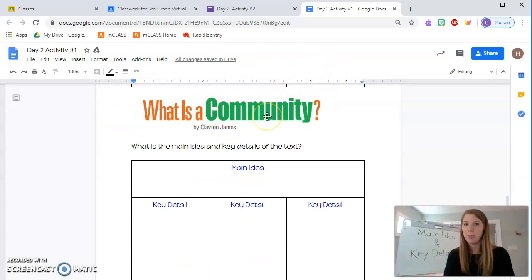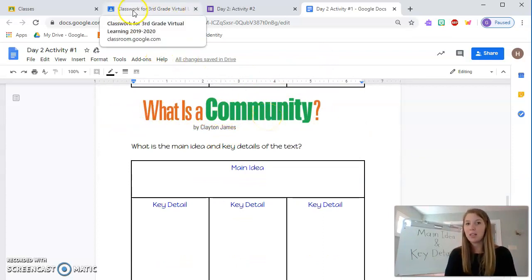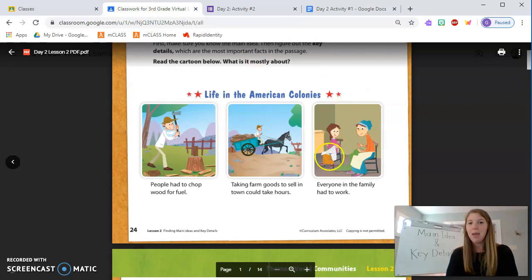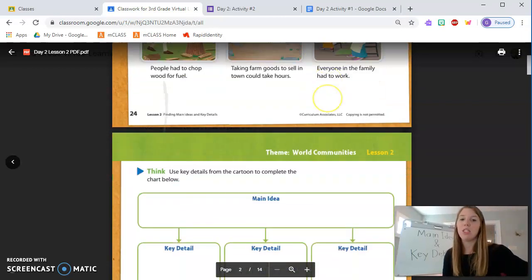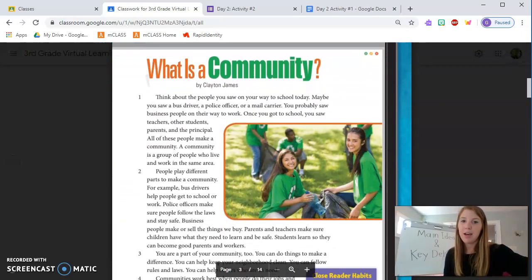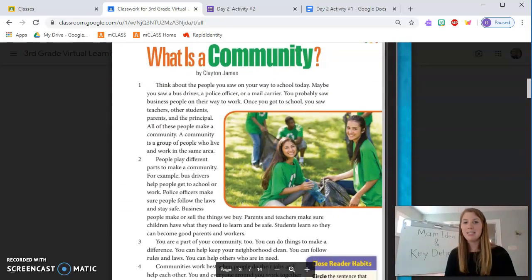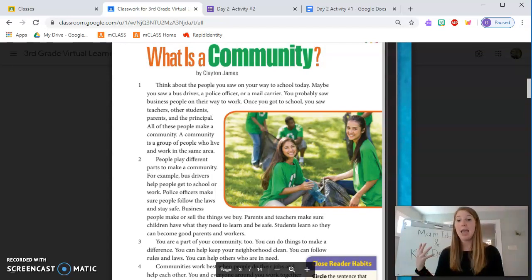What is a Community? Let's go back to our classroom, back to our PDF. We're going to scroll to find what is a community. So I know yesterday we were asking questions about our beaver text and that bug text.